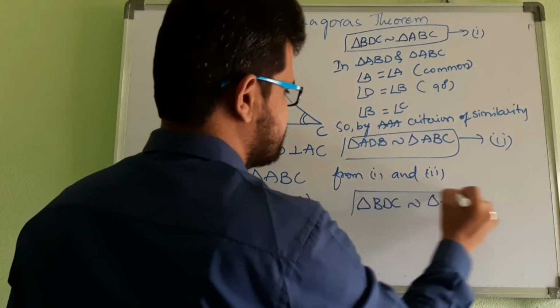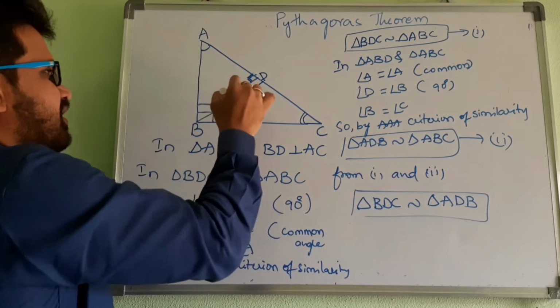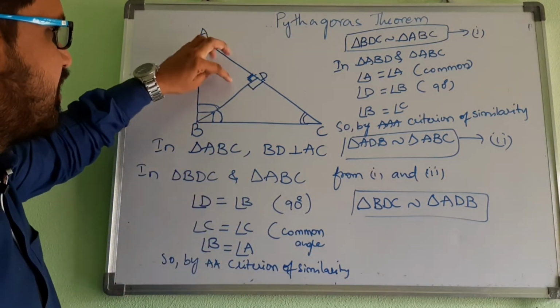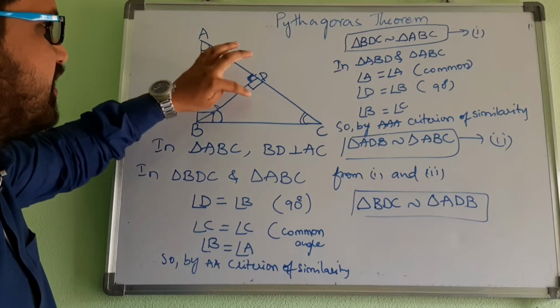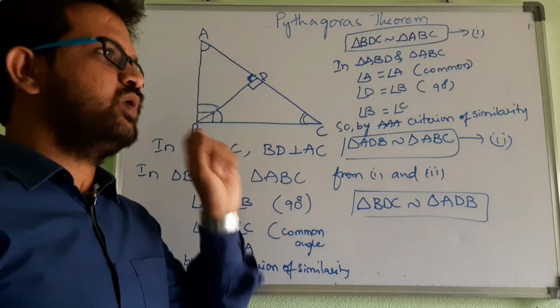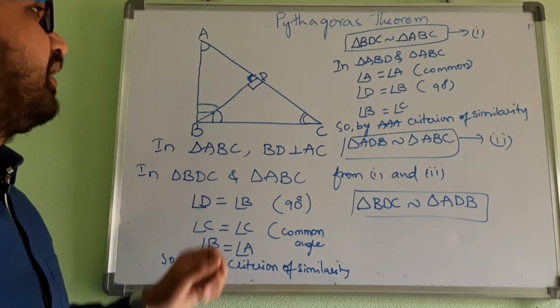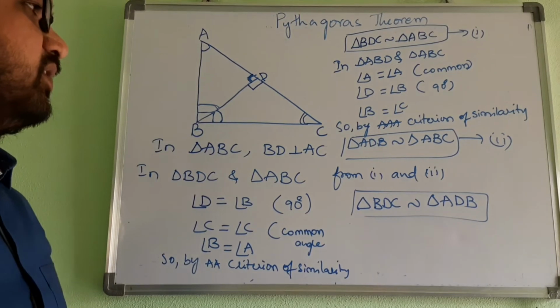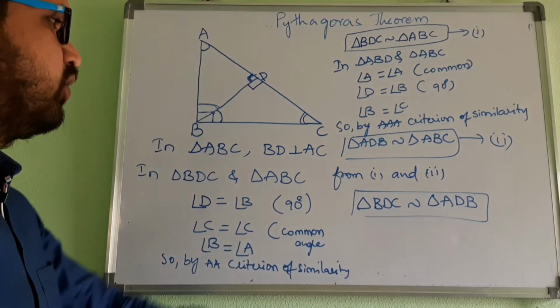These two triangles are similar to each other. It means that when the perpendicular divides the right angle triangle into two parts, then each part is similar to the original triangle, and also those two parts are similar to each other. This is very, very important. Note down this.